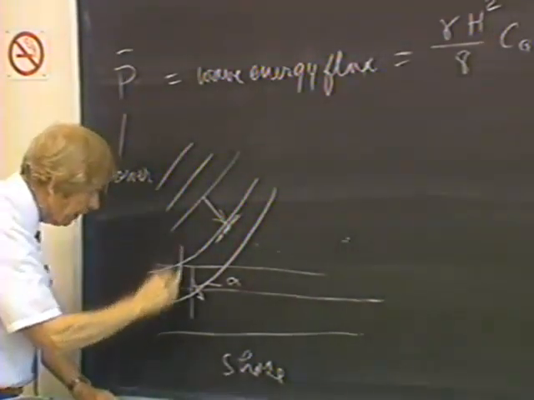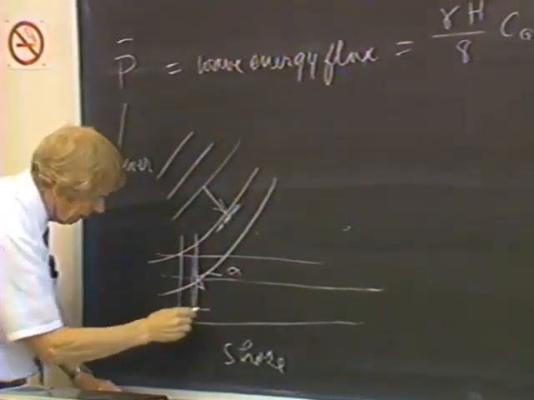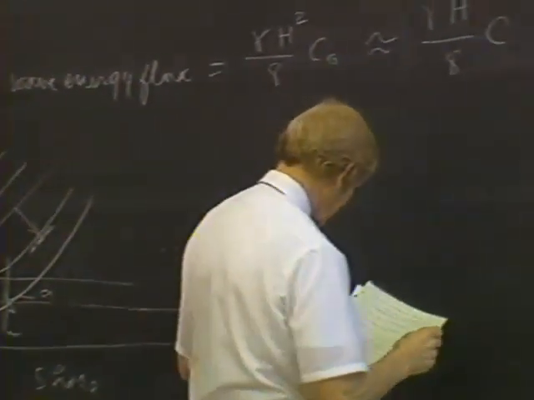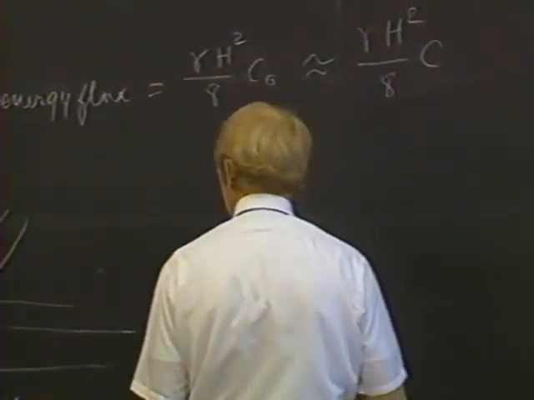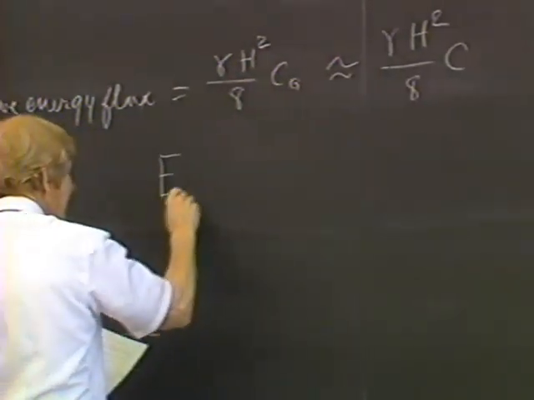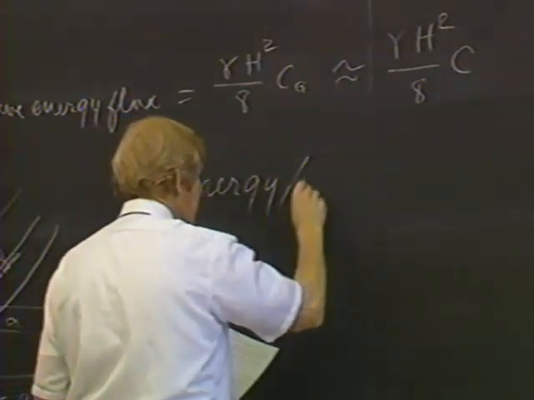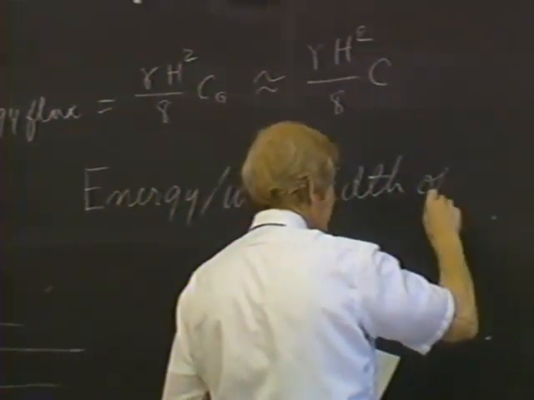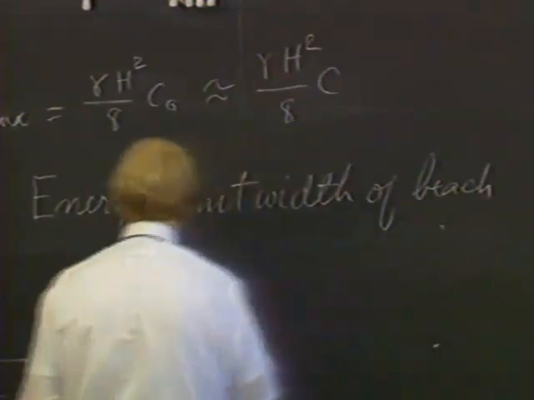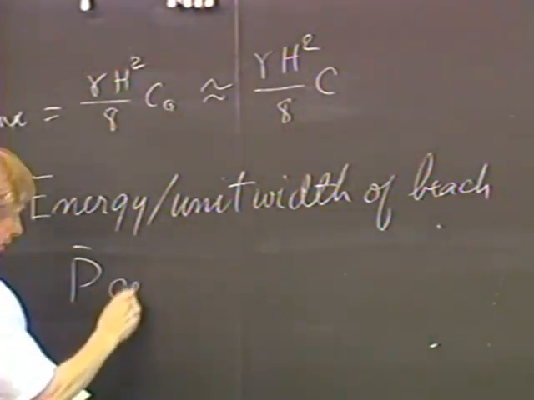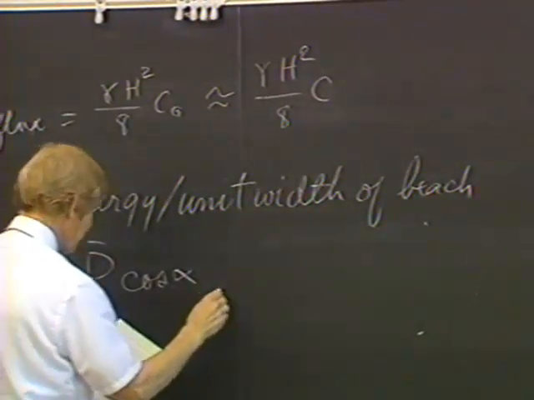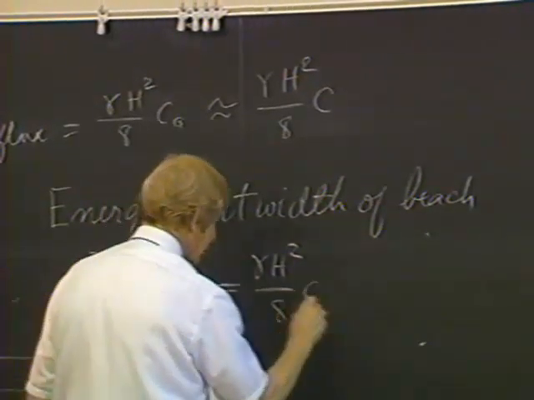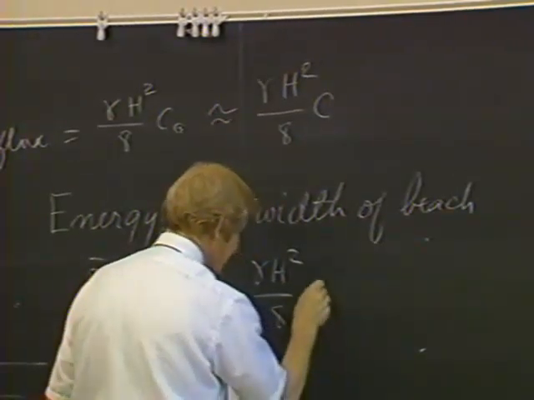The energy per unit width of beach, let's say 1 foot or 1 meter, is equal to P bar cosine alpha, which is equal to gamma H squared over 8 cosine alpha, C times cosine alpha.